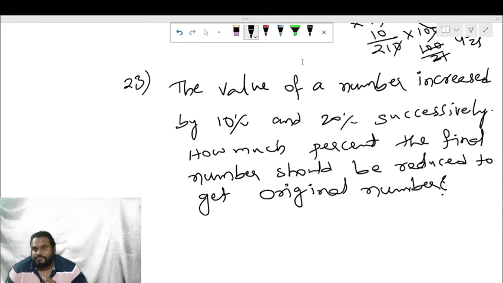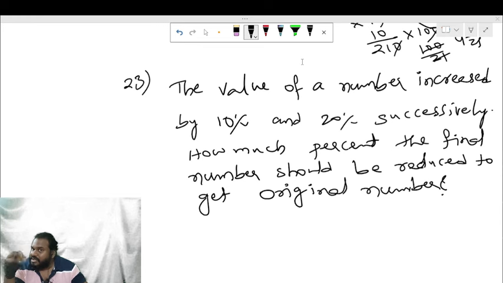Suppose there is 100, so it increases to 110 first. Then on 110, a 20% increase. 20% of 110 means 11 plus one more 11, so 22 is added. So it will become 132. So on 132, how much percentage should be reduced to make it 100, because the original number is 100, right? You're getting it. So there is a number 100.